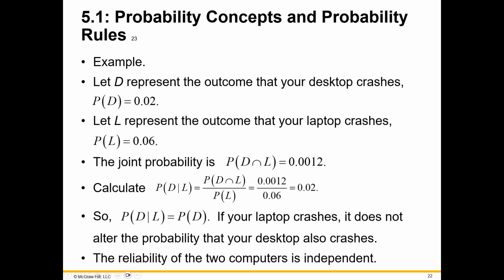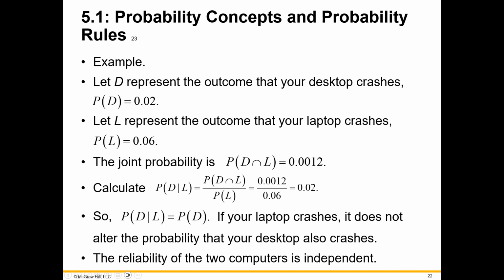Let's take the probability of the intersection of both events happening, and divide it by the probability of one event happening. So in this case, the given thing, our laptop's crashing first. We take that 0.0012 divided by 0.06, and we get 0.02, which just happens to be the same probability of your desktop crashing.